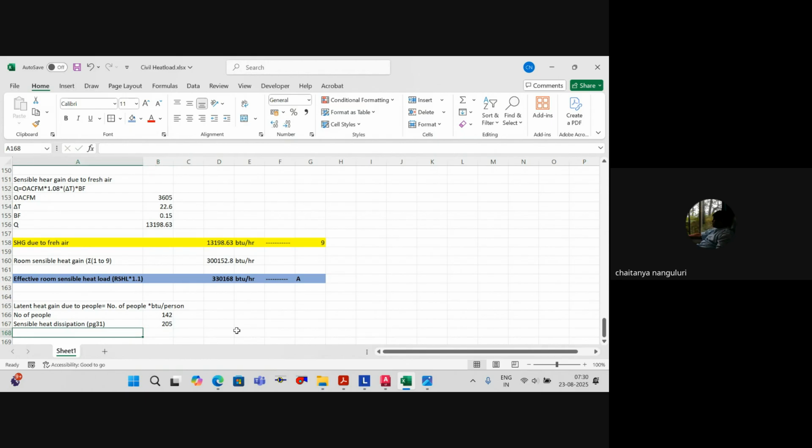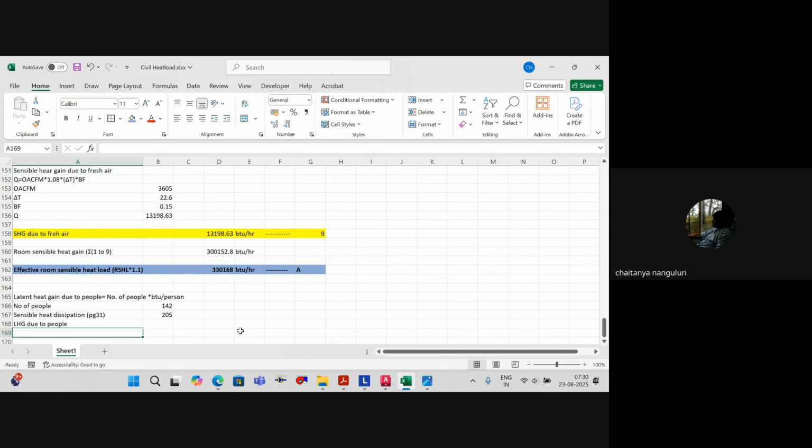So latent heat gain due to people will be equal to number of people into this one. You agree? Yes.